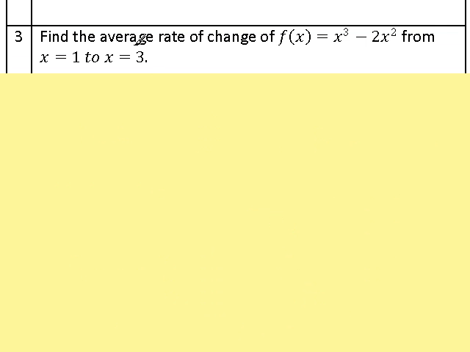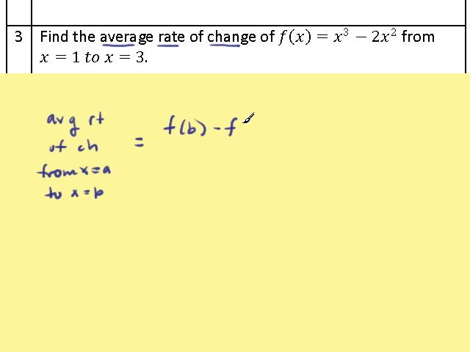And number 3, we want to find the average rate of change. Let's write down the formula, average rate of change from x equal a to x equal b, and it's a slope formula. This is the difference of y values on top and the difference of the corresponding x values in the denominator.